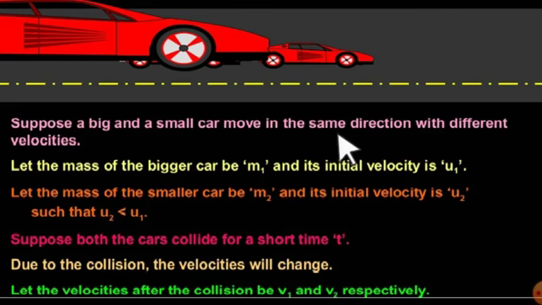Suppose this bigger car is moving somewhere here, of mass m1, right? And this bigger car is moving with velocity u1, like this.